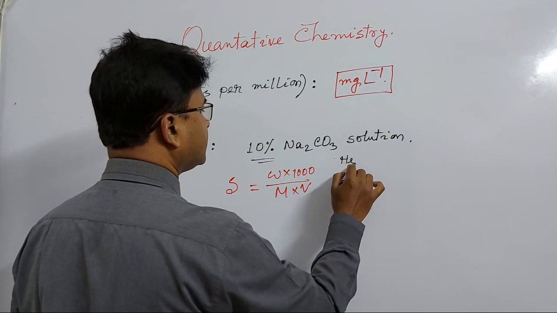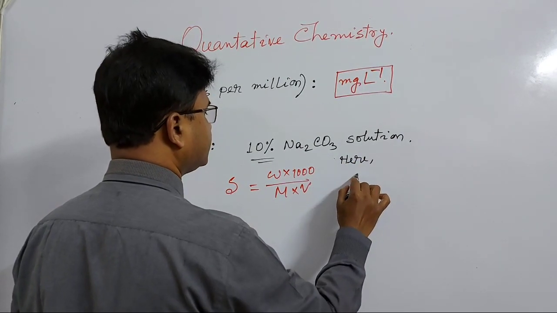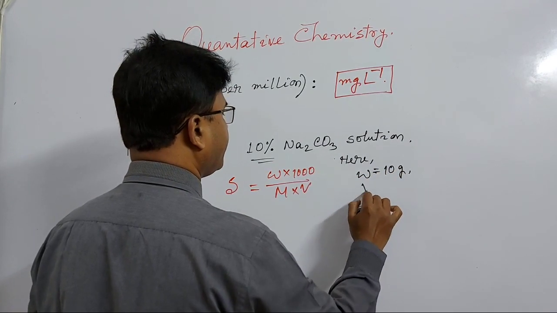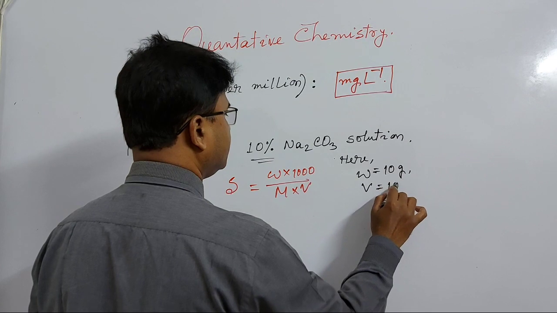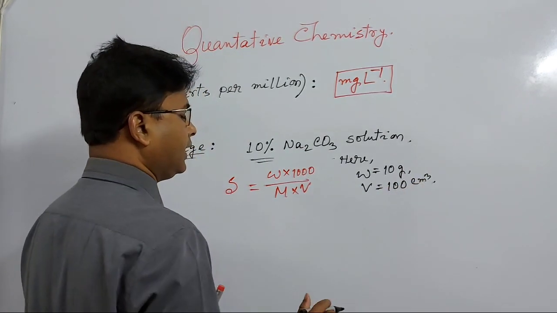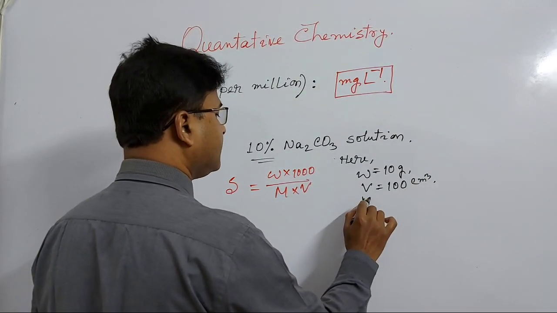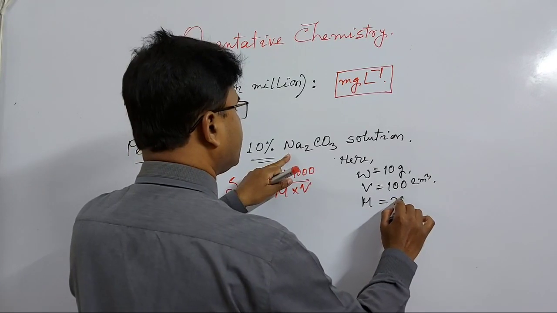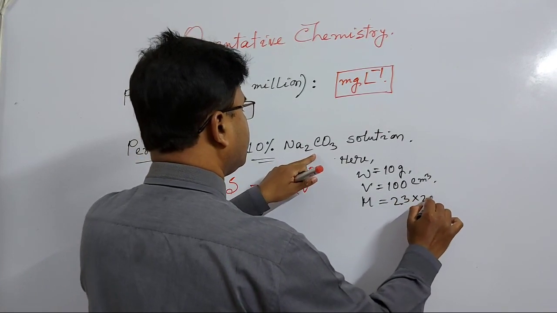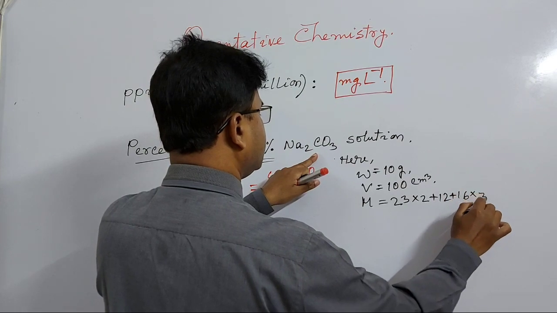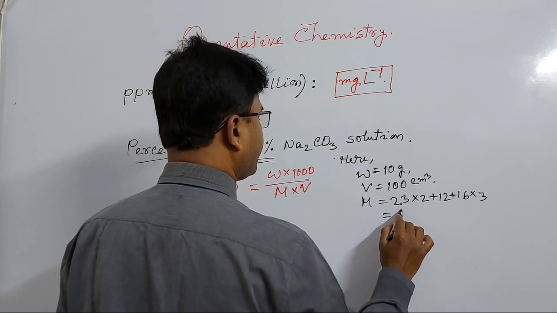So here we can write W is equal to 10 gram and volume is equal to 100 centimeter cubed, and molecular mass of sodium carbonate is equal to 23 into 2 plus 12 plus 16 into 3 is equal to 106.